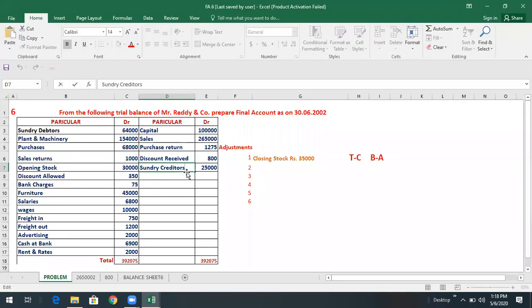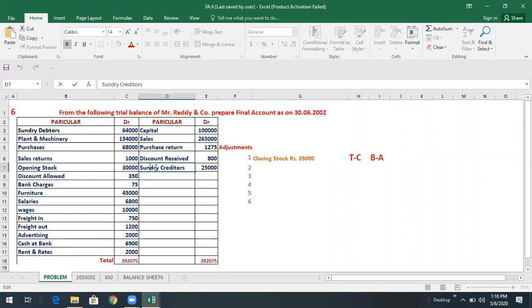Next, sundry creditor. Where do we get the sundry creditor? Sundry debtor we already entered. The sundry debtor we enter in a balance sheet asset side. So sundry creditor is balance sheet liability side, quite the opposite.